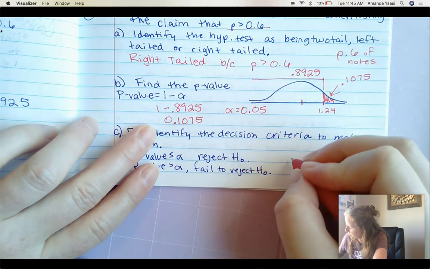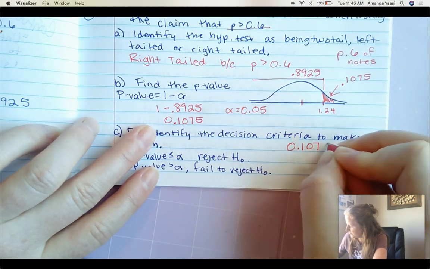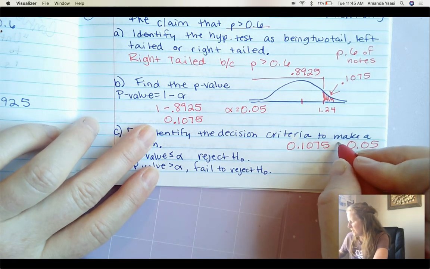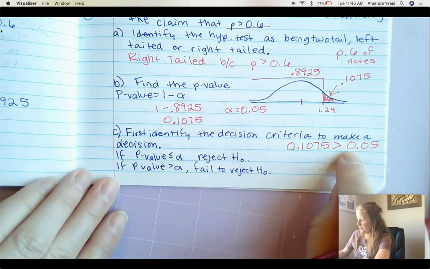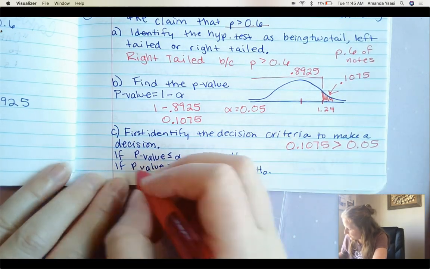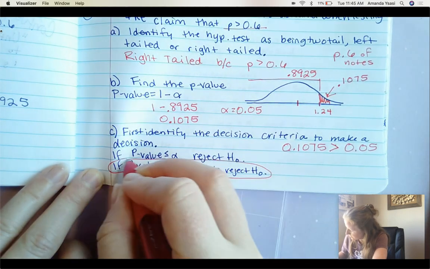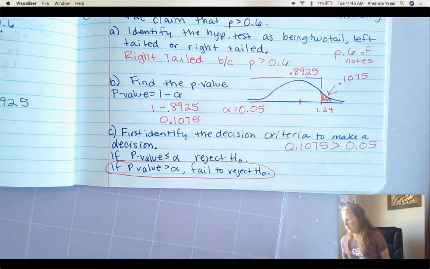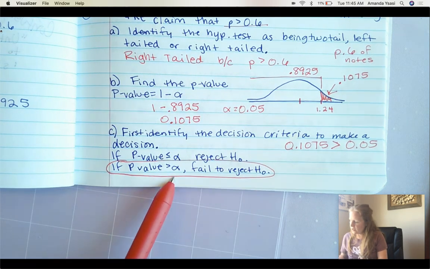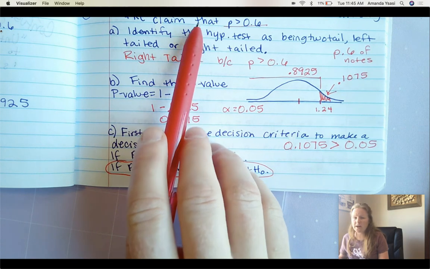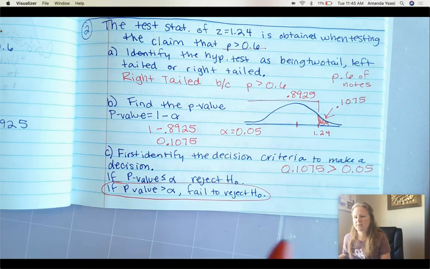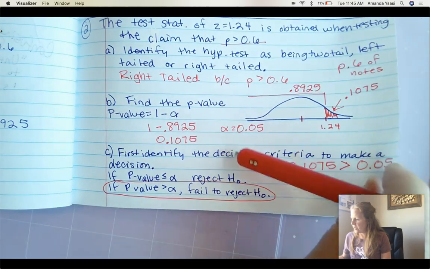So when we look at this, because this is your p-value, it is greater than that one. So in that case, we are going to fail to reject. Okay, so make the decision. That means we're going to fail to reject that claim. So whenever we fail to reject, then we're saying there's not enough evidence to prove that P is greater than 0.6. Okay. All right, so that is it for these notes.